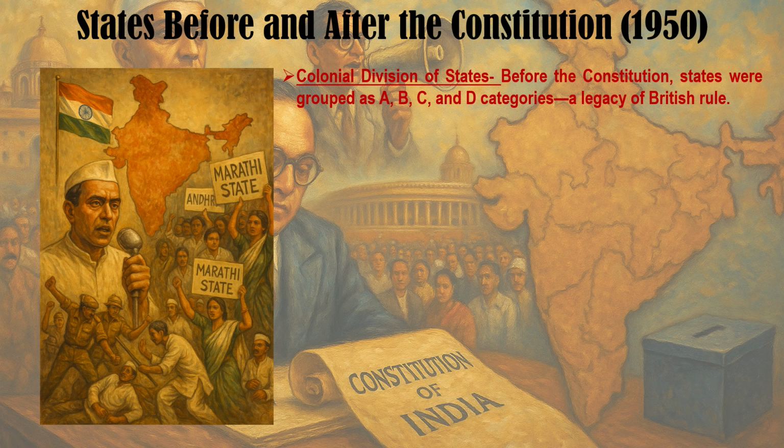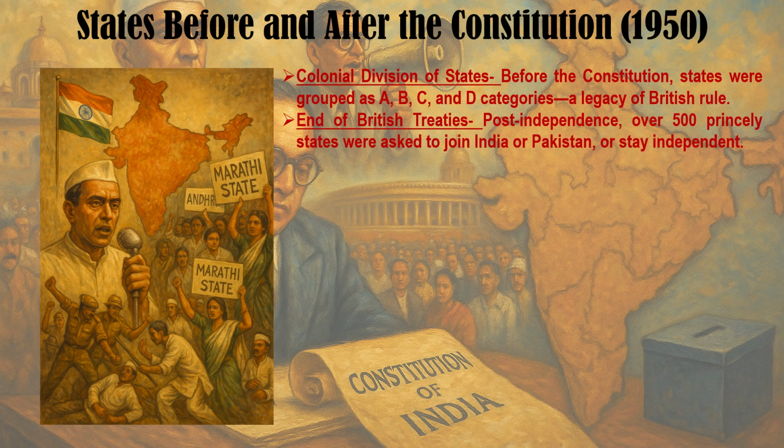Before the constitution, states were grouped as A, B, C, and D categories, a legacy of British rule. So, that is how the states were categorized: A, B, C, and D. Post independence, over 500 princely states were asked to join India or Pakistan or stay independent.